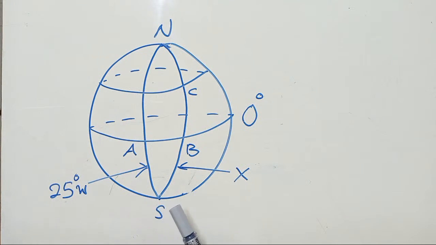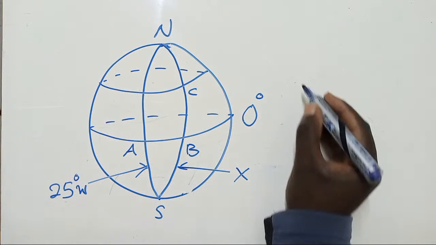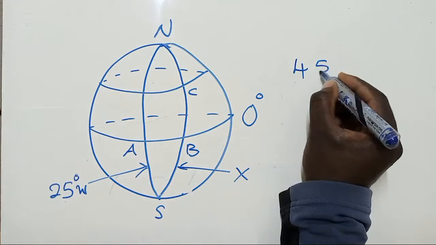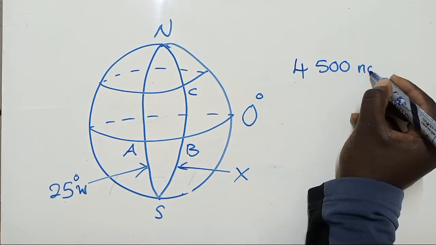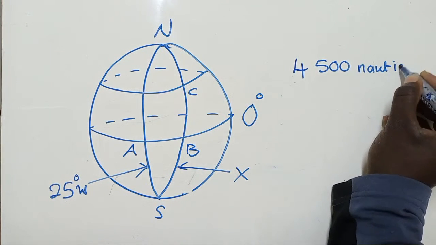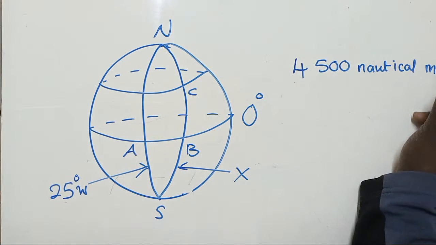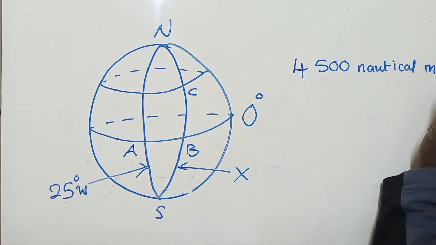Okay, the first question here reads, a plane is flying a distance of 4,500 nautical miles.